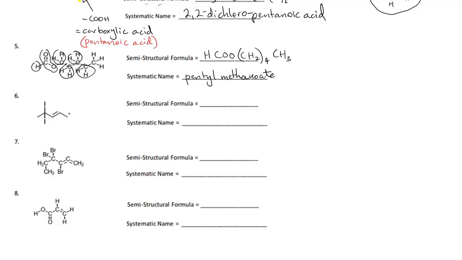Okay, so question 6. Again, you have to provide the semi-structural formula. So it's in this form, in the zigzag form, which represents carbons. Remember, each of the edges here represent a carbon. So I'll write it out. C, C, C, with a double bond here.